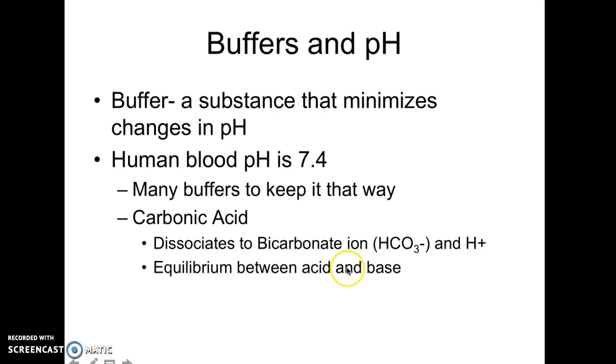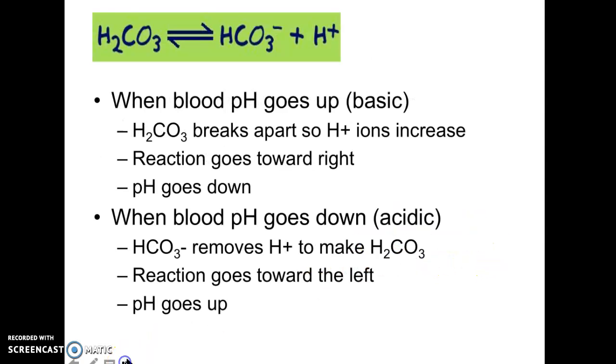This is our bicarbonate ion. So we have bicarbonate ion and hydrogen, which is what's broken down at dissociation. But we can add these two together and get carbonic acid again. So carbonic acid is an example of a buffer that we have in our body.